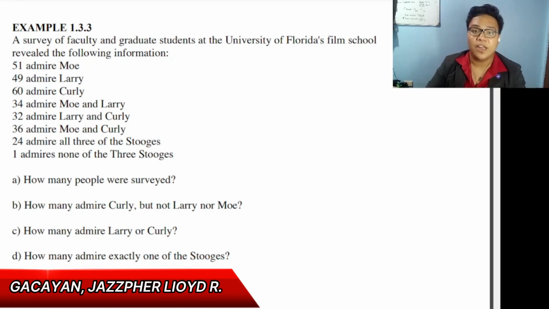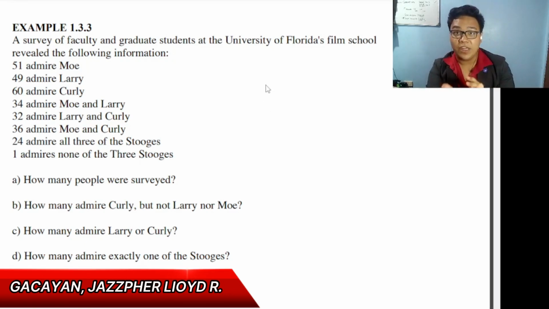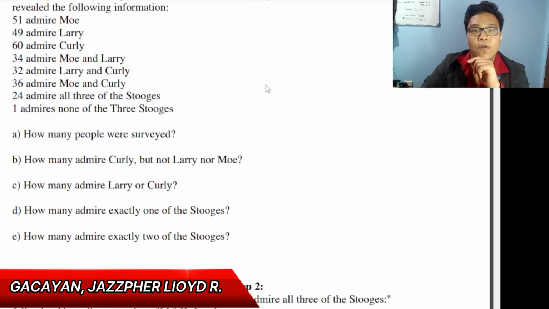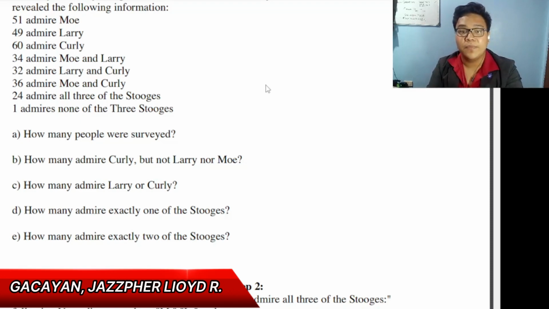So, for our Venn diagram, we have this example. We have a survey of faculty and graduate students at the University of Florida. In their film school, they revealed the following information. 51 admired Mo, 49 admired Larry, 60 admired Curly, and there are 34 who admired Mo and Larry.